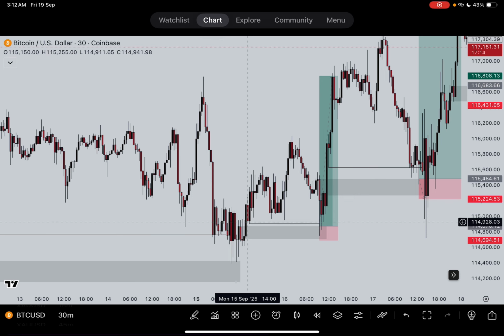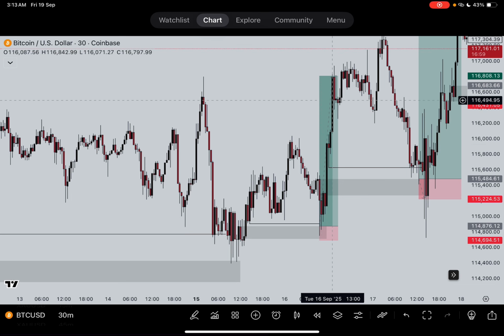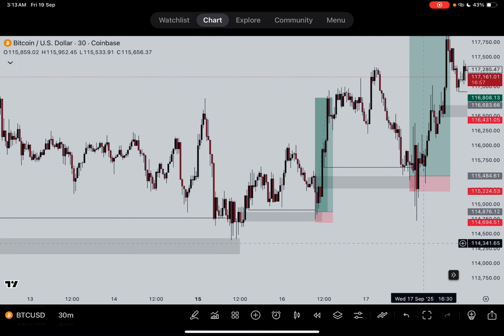The POI did not touch the breaker block. This is not really easy to see, but this one is for pros. Price pushed up, then came back, tapped the POI and bought. So now you know why I'm buying as a result of the 4 hours time frame.